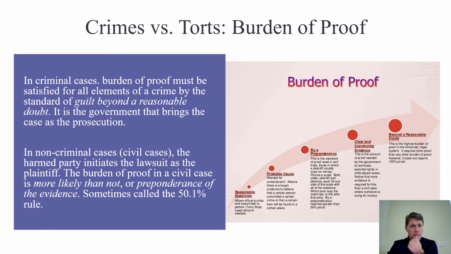If we're looking at the burden of proof in criminal versus tort cases or civil law cases, in a criminal case, guilt is established by meeting every element of a crime, and the standard is guilt beyond a reasonable doubt. So that is not 100% certainty, but it is pretty close to that.